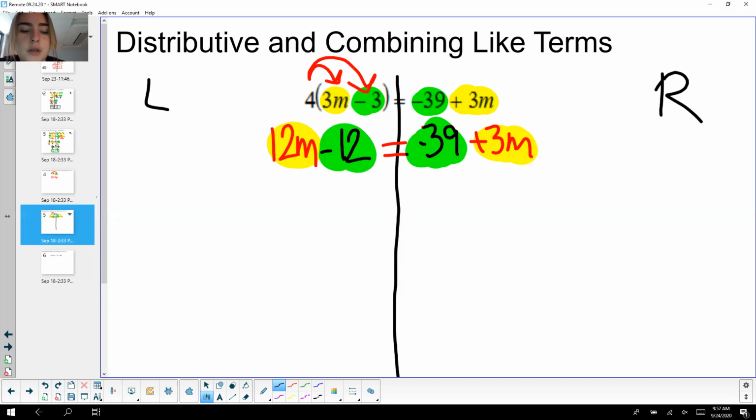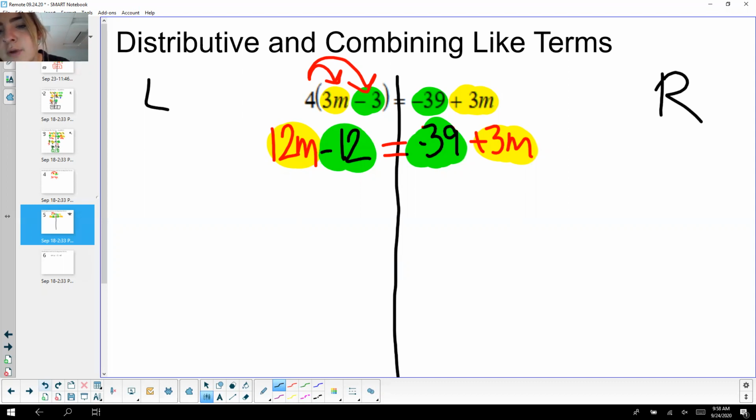All right. So now that I've got both sides simplified, I've got 2 types of terms on either side of the equal sign. I can go ahead and start moving stuff around the equal sign, getting all my yellows or variable terms on one side, all of my constants or greens on the other. So I'm going to look at my variable terms. I've got 12m and 3m. I want you to think which one is smaller.